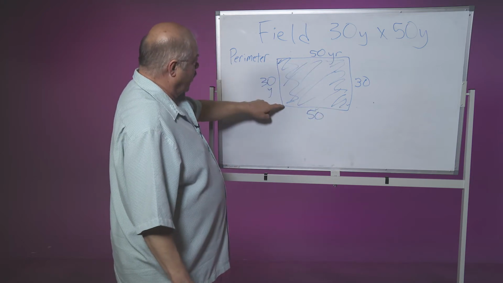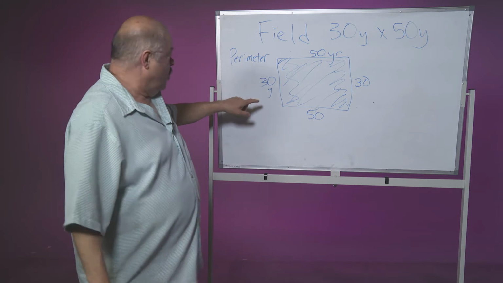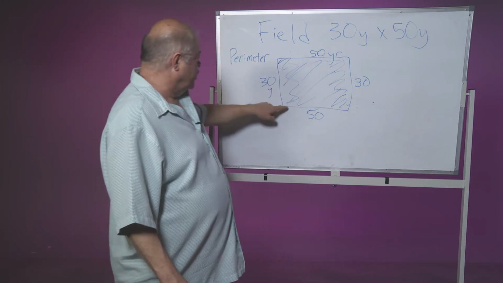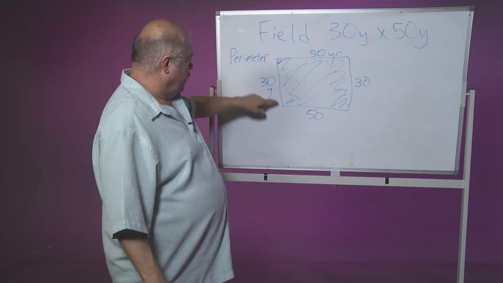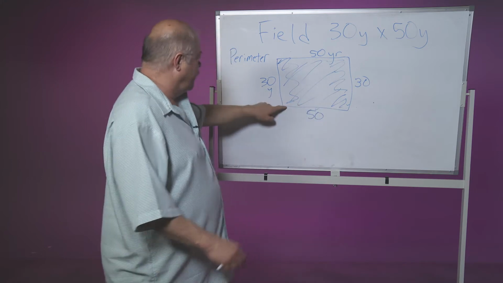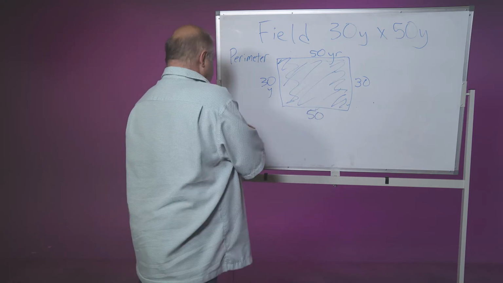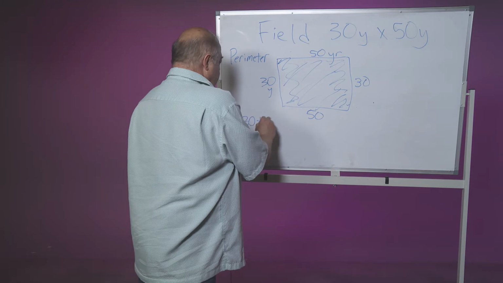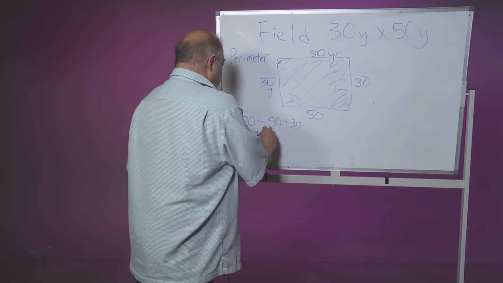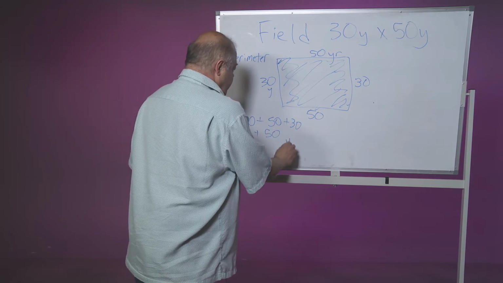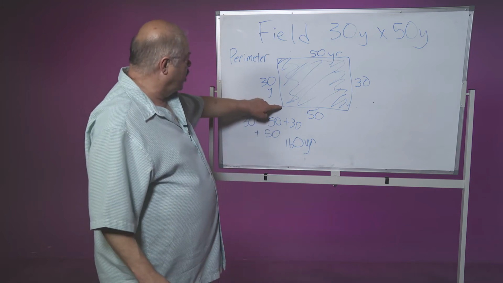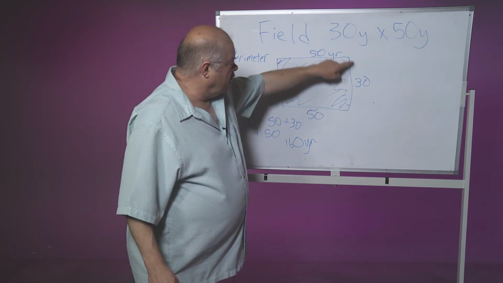And so if we were a guard walking a post, we would be going all along the edge, which is the perimeter, which would be 30 plus 50 plus 30 plus 50. And that would be 160. And that would be yards. 160 yards, it's a straight line.